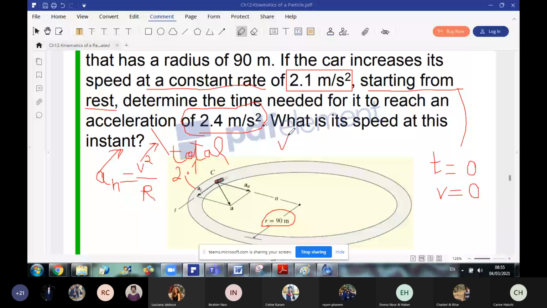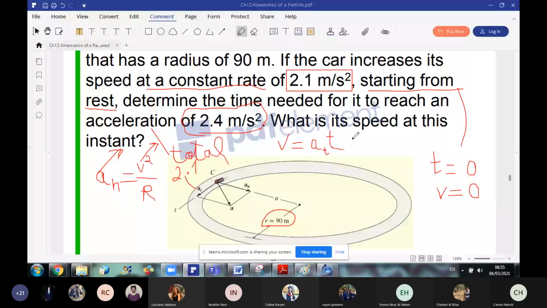Because at is constant, I can apply the formulas of constant acceleration: tangential acceleration, v equals at times t plus v0.